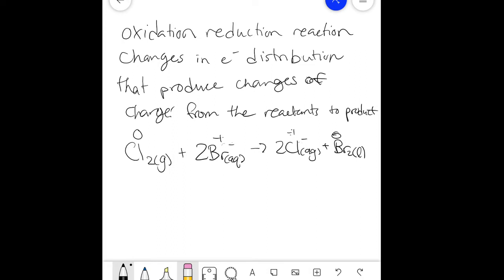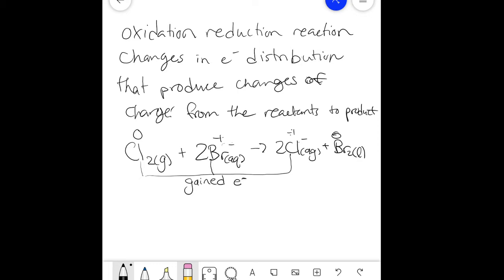What you can see is that from our reactants to our products, chlorine gained an electron. We know it gained an electron because the charge decreased, and electrons are negative, so they make your charge go down.